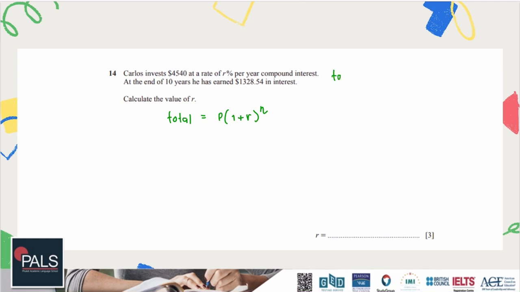So we need to find the total money first: 4540 plus 1328.54, it will be 5868.54.